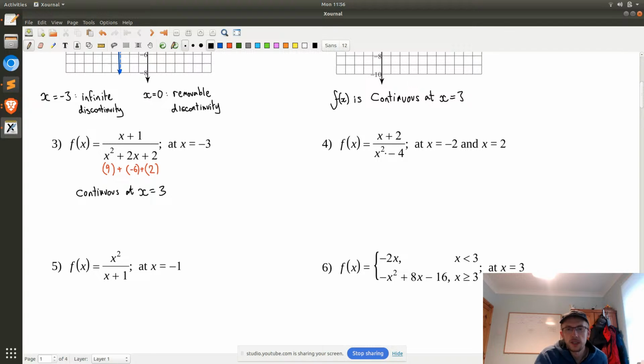Now, for this rational function here, where we have x squared take 4 in the denominator, substituting in +2 or -2, we obtain 0. But what kind of discontinuity is that? It will be an asymptote.